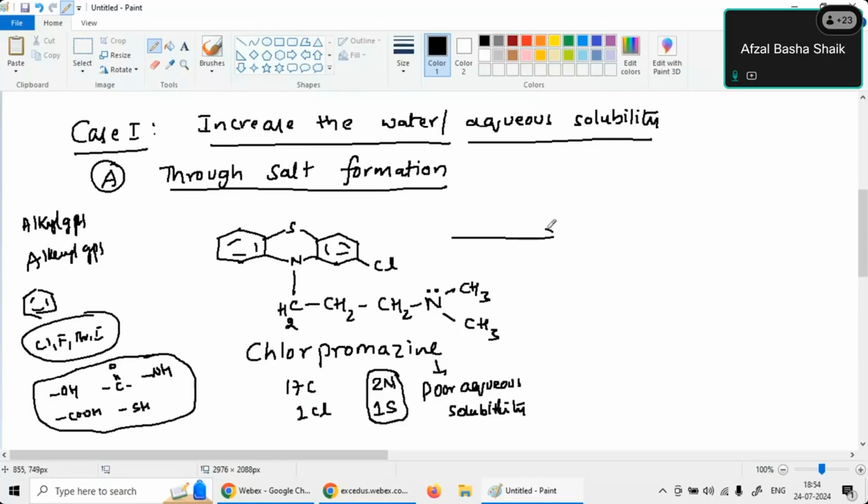That is why this molecule is treated with acid. Whenever you see "ine" in a molecule, that means it contains some basic nitrogen.